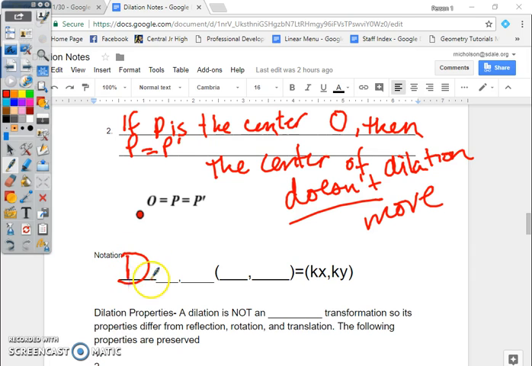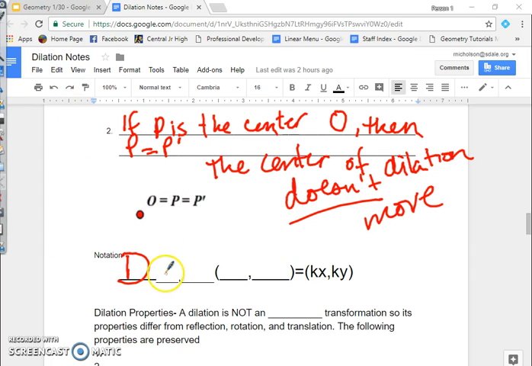D. Okay, so D for dilation. Then you use your dilation center O, and what's the other part of a dilation?